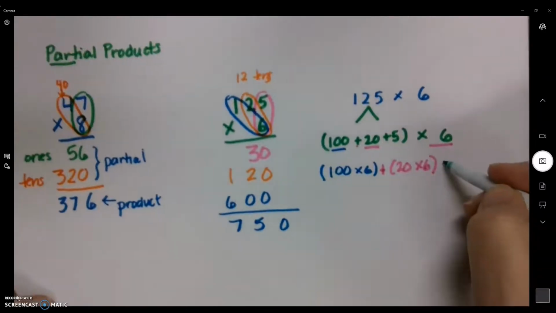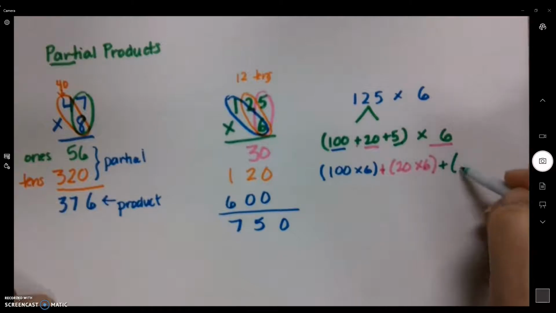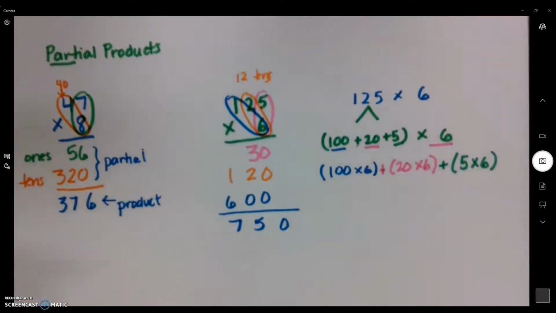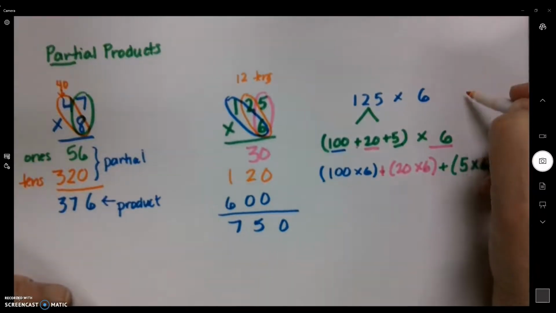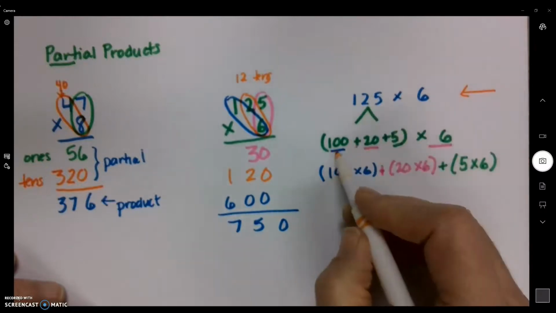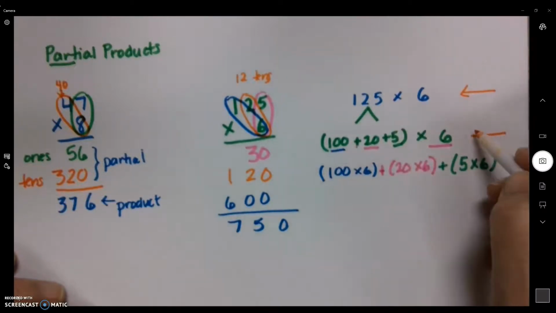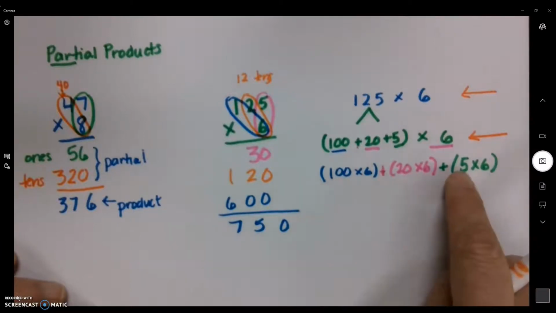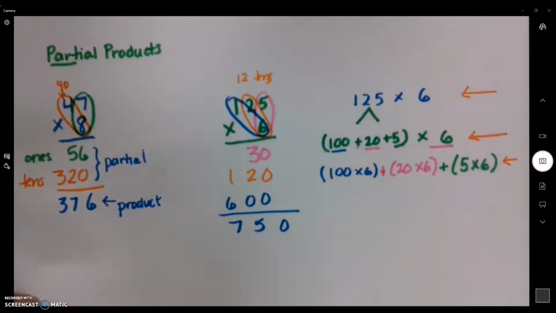And then I'll pull the 5. And what we have right here is 3 different ways to see 125 times 6. That's 125 times 6. This also shows 125 times 6. And then this shows 125 times 6.